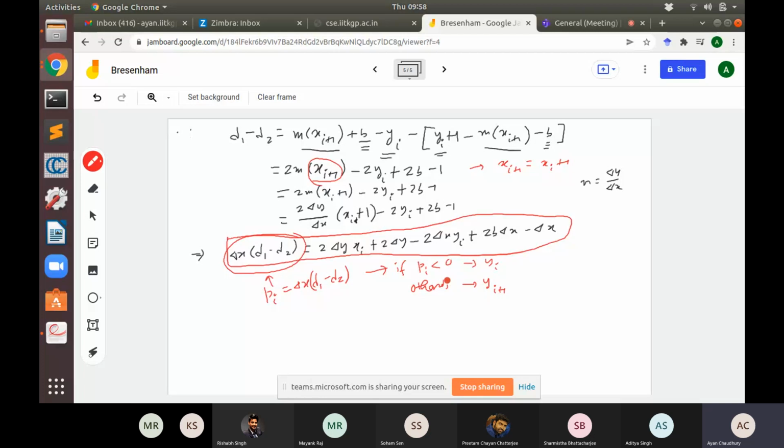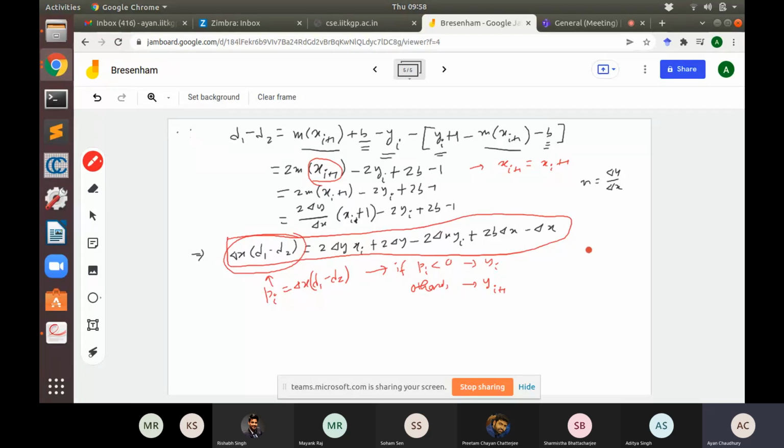So now the point is, how can we find the equation of p1? We have to start somewhere. So we have to find the equation of p1, or also pi, in terms of delta x, delta y, and also pi plus 1 in terms of pi, right?